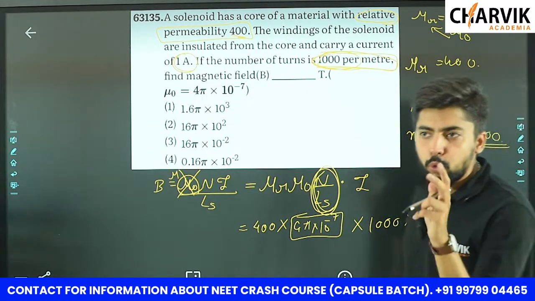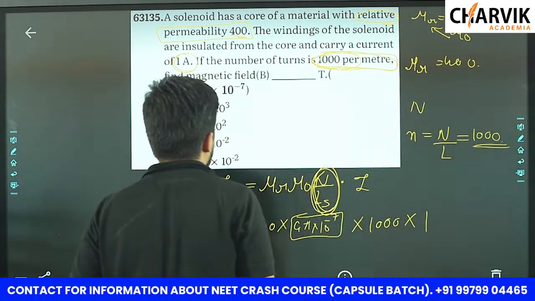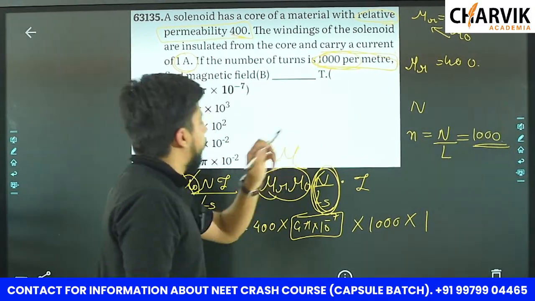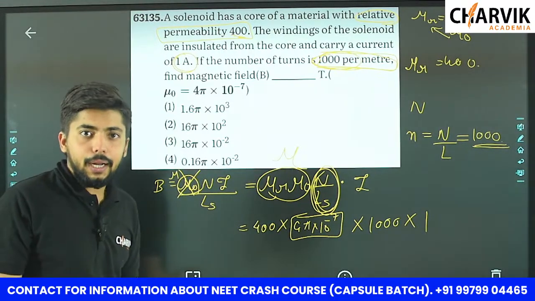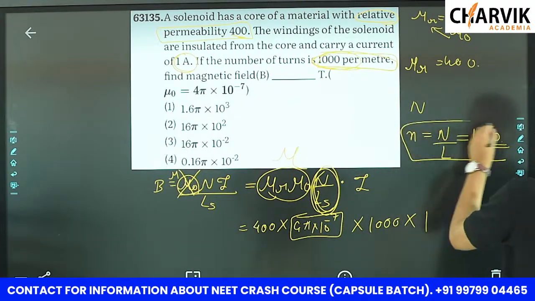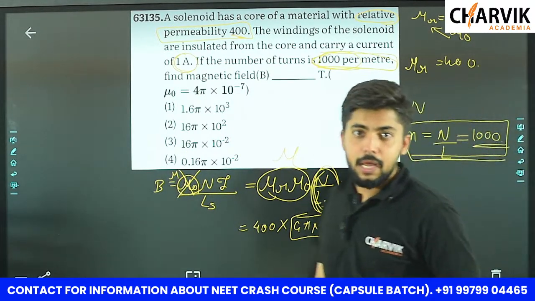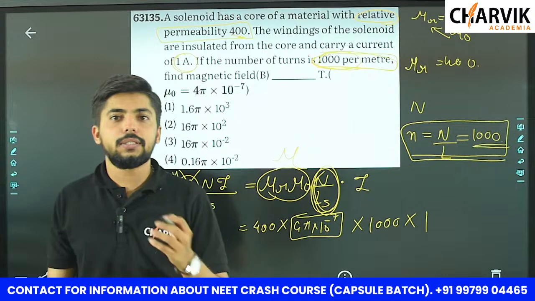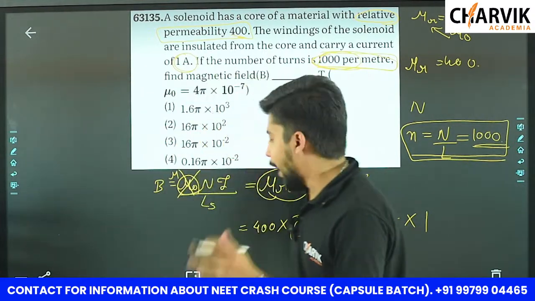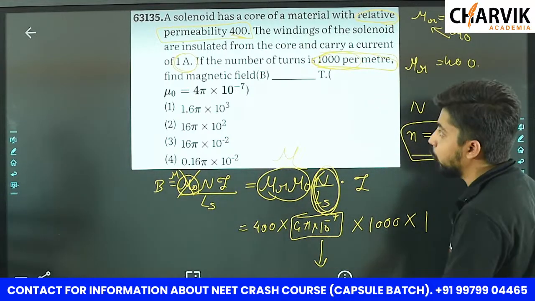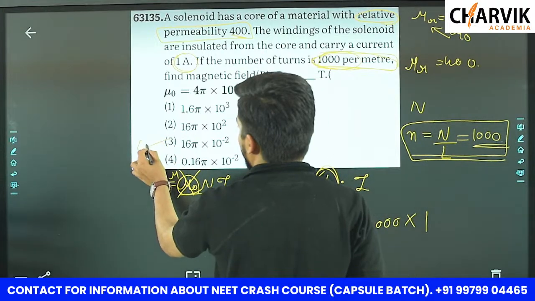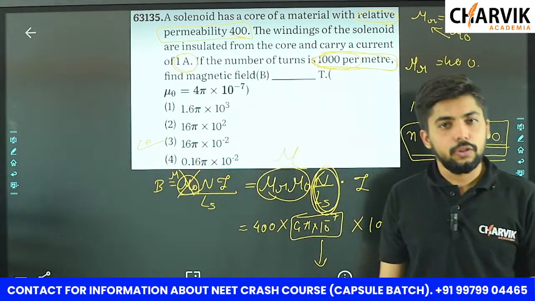Just two small things you need to remember while solving this question: that mu r into mu naught will give you the permeability of that particular material, and the second one, that 1000 is not the total number of turns. 1000 is given as number of turns divided by length, which we can say is number of turns per unit length. Now by putting these values into the calculator, you can get the answer, which is 16 pi into 10 raised to minus 2, given in the third option.